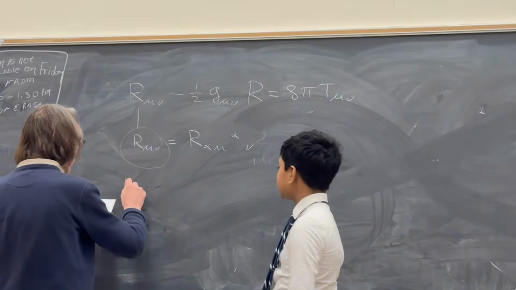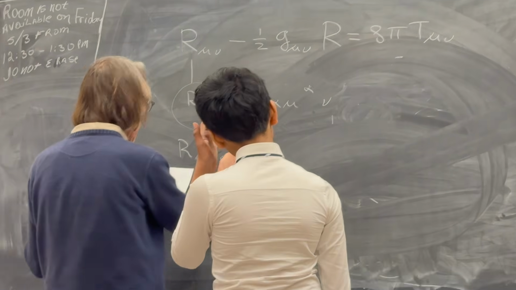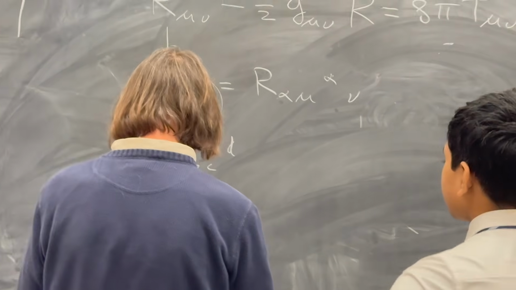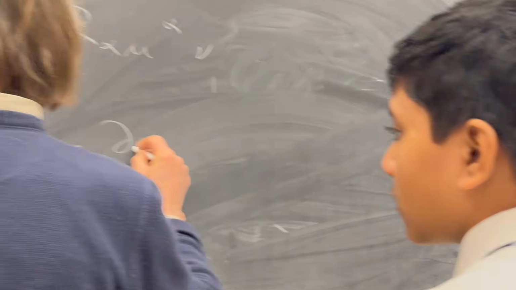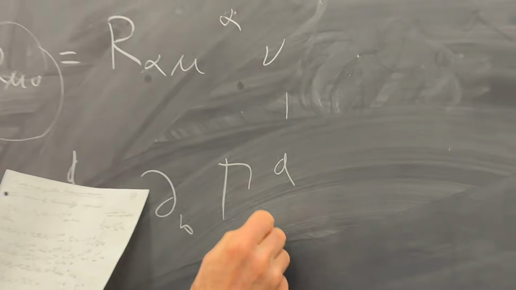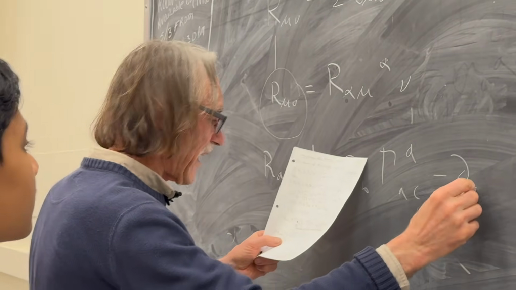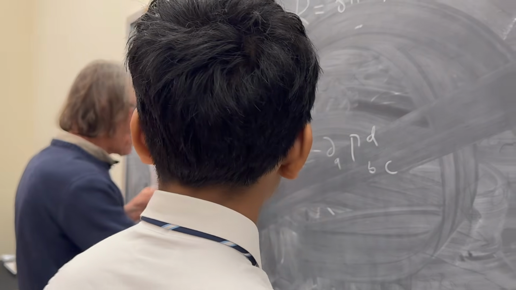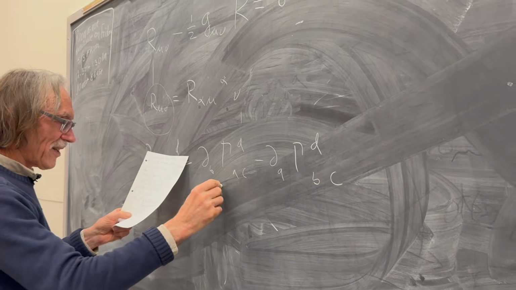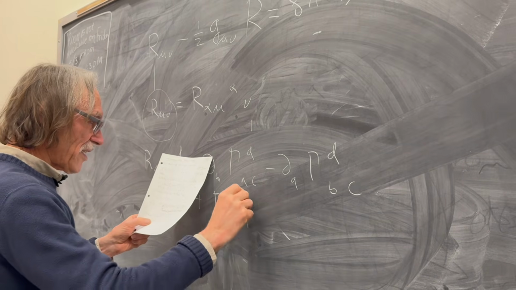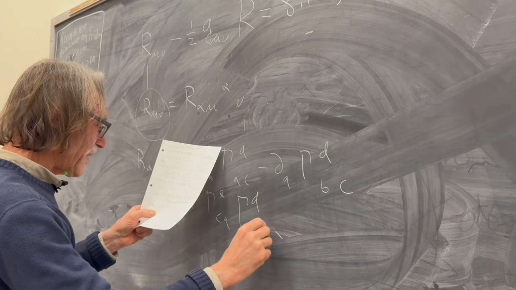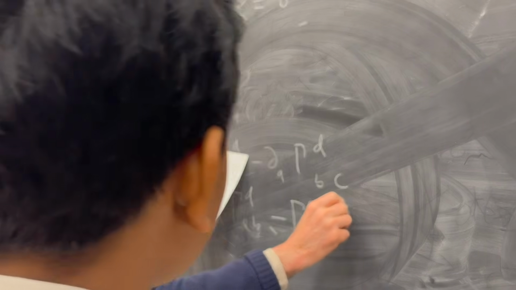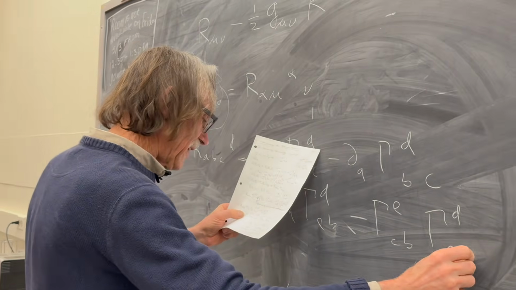So I wrote it as R, A, B, C, D. Is that right? Yeah. So that is d_B gamma^D_AC minus d_A gamma^D_BC plus gamma^E_CA gamma^D_EB minus gamma^E_CB gamma^D_EA.